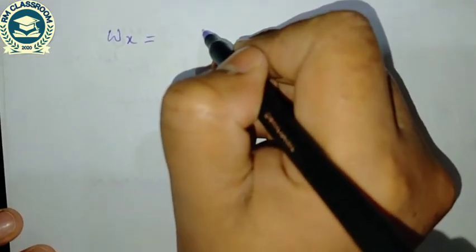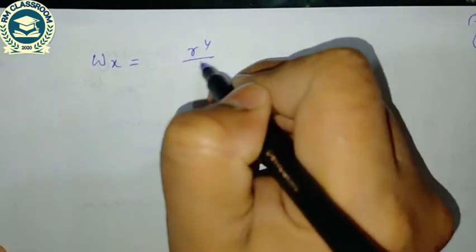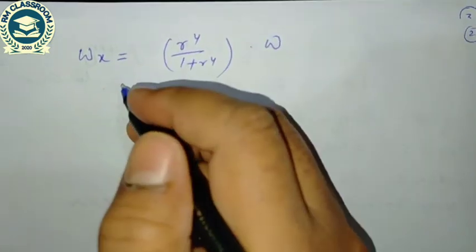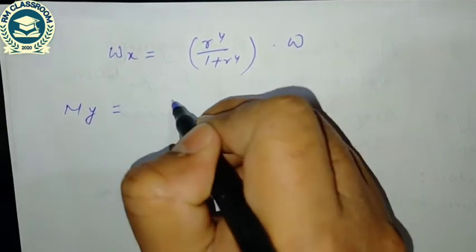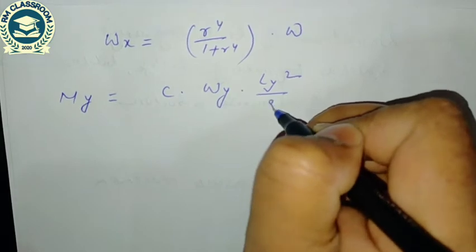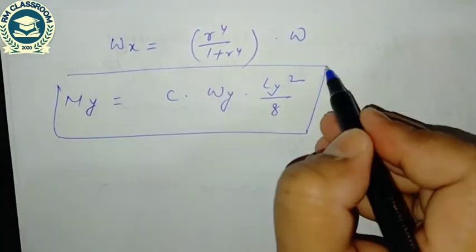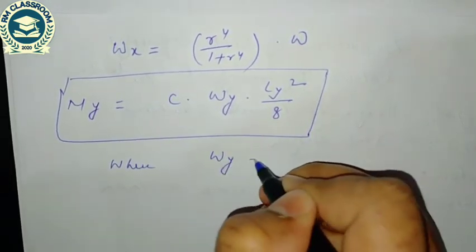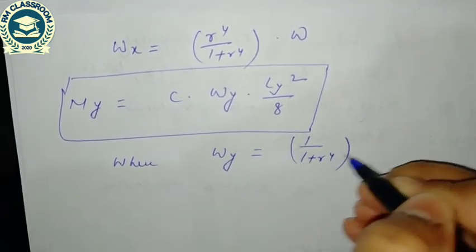So Wx is R^4 by 1 plus R^4 into W, and similarly the moment in y direction is equal to C into Wy into Ly square by 8, where Wy is equal to 1 by 1 plus R^4 into W.